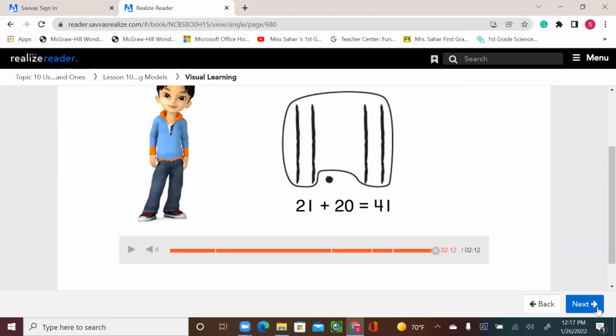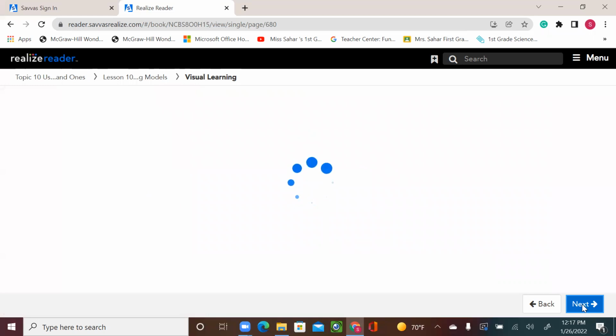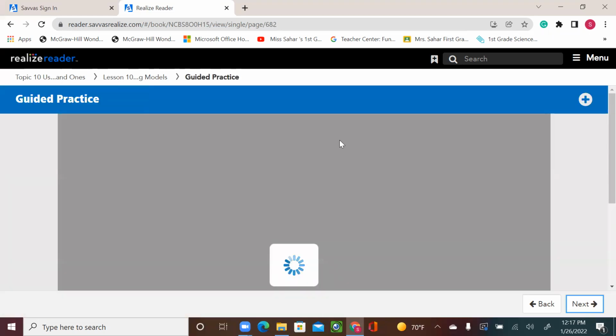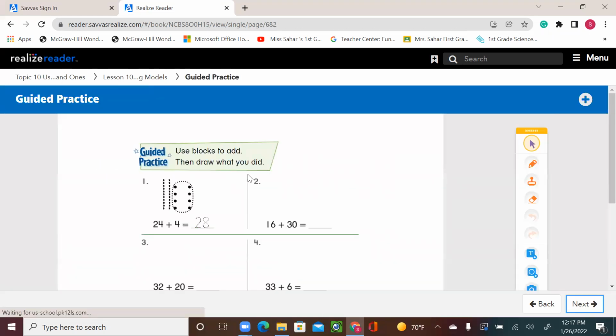All right, let's see our guided practice in your book, page 418. Use blocks to add, then draw what you did. 24 plus 4. 24, so this is 10, 20, and 4 ones. The second addend has no tens, only 4 ones.